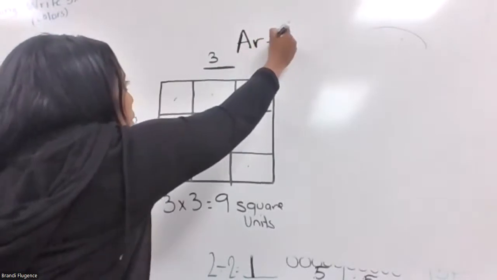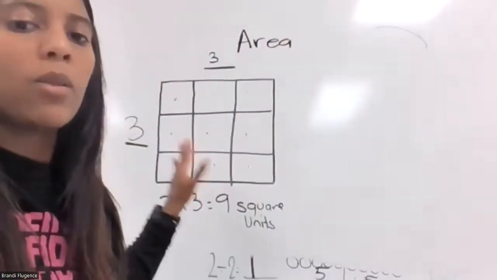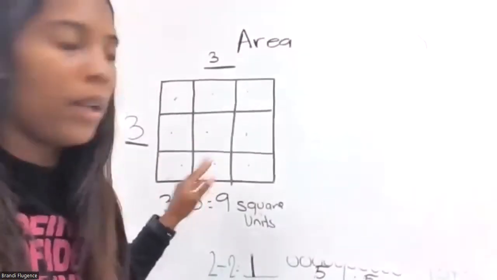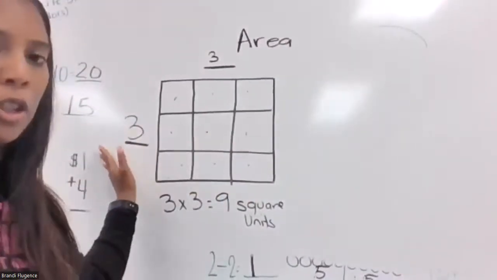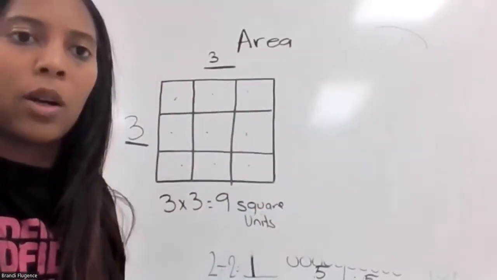This is what the word area looks like. The area is how many square units are inside of the shape. You find out your number of rows and how many are in each row. Multiply it, that's your square units.